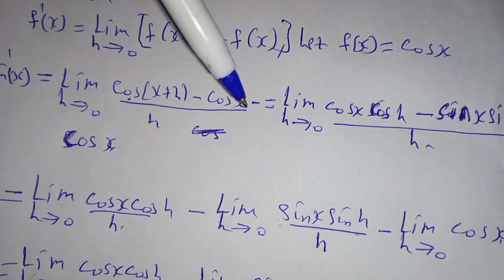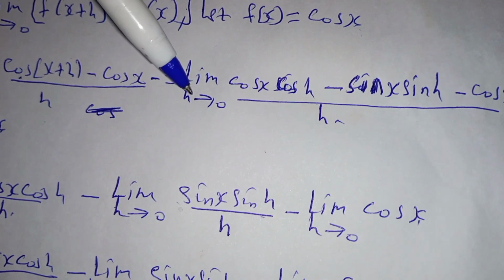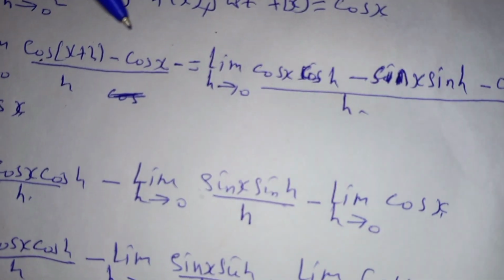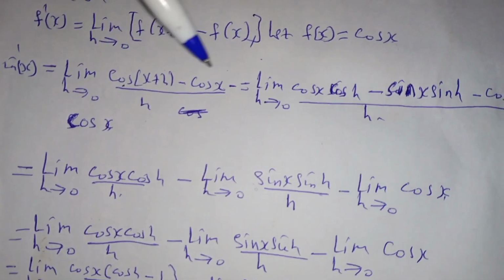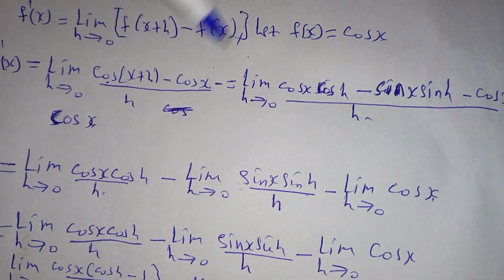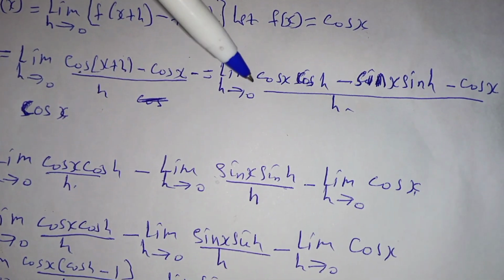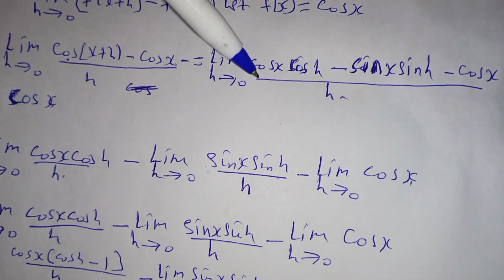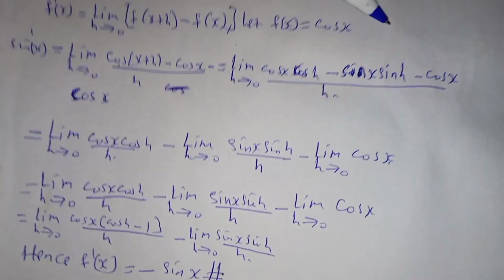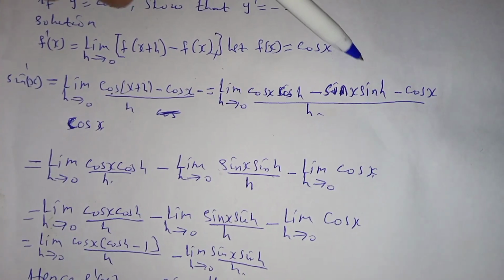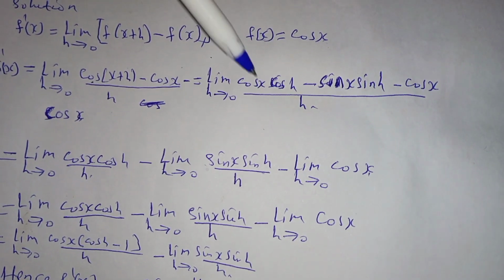So this will be given by the limit as h tends to 0, using now the sum of the trigonometric function, the sum of cos. Using the sum of cos, we are going to get the limit as h tends to 0 of cos x multiplied by cos h minus sin x multiplied by sin h, minus cos x, everything over h.